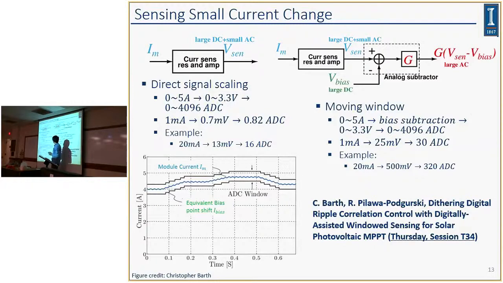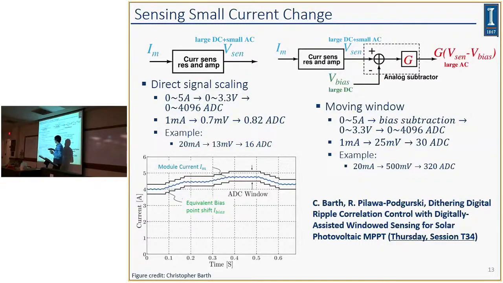In this case, because we are limited by the 0 amp to 5 amp current range coming out from the PV module, if we scale it directly, a 1 milliamp change will result in only a 0.7 millivolt change in ADC input, and will only result in 0.82 effective ADC value, which is quite too small.